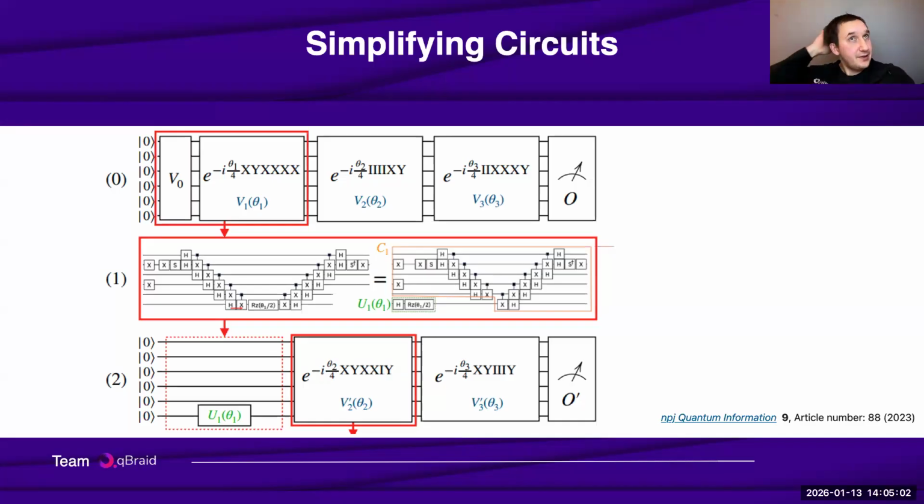And from that, what you obtain is this C1, which can then be pushed through all your other Trotter steps. And from that, you've now converted from 0 to 1. You've taken one of those Trotter circuits and converted it to a single qubit rotation and also changed your Hamiltonian.